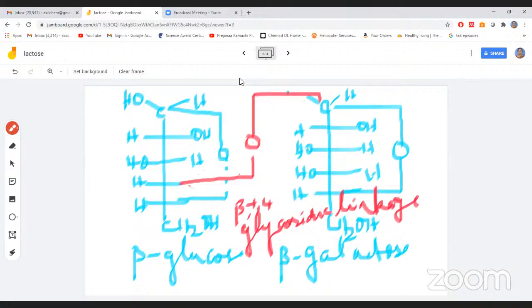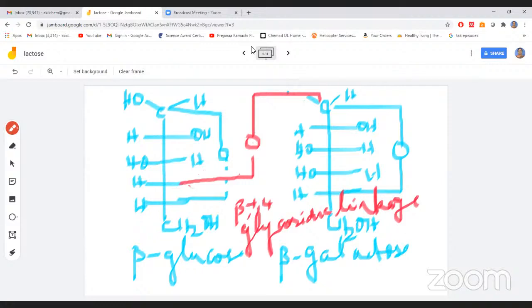And now, to find out whether it is alpha glucose or beta glucose, alpha galactose or beta galactose, we are using the enzyme, and by using the enzyme we understand both are in beta. So if it is in beta, then you have to draw the structure similar to that, drawing a glucose and a galactose. Galactose differs in the configuration around the fourth carbon. HOH is there in glucose, and in this one OH H is there. That is the only difference. Otherwise, there are no other differences between glucose and galactose.